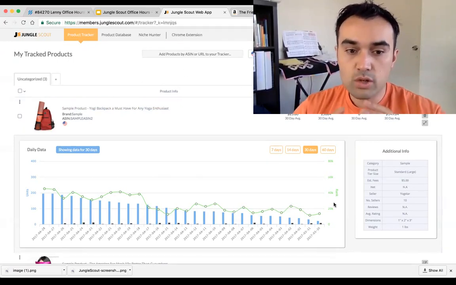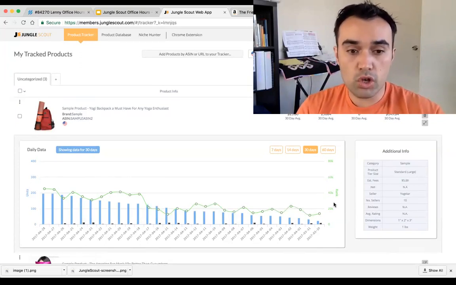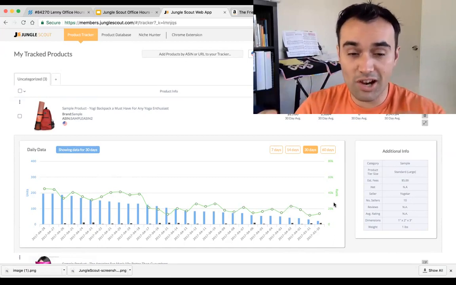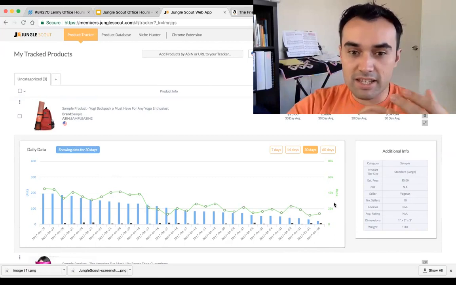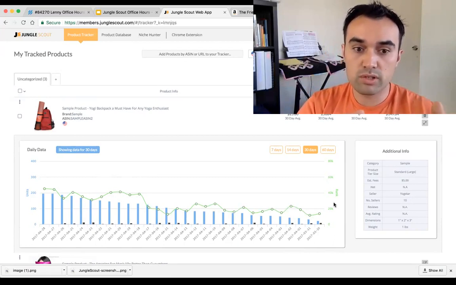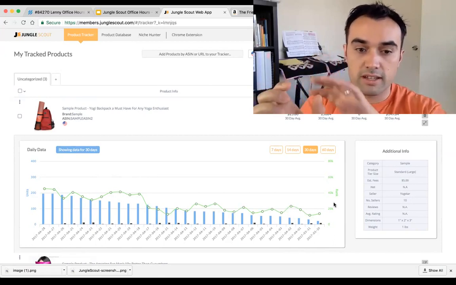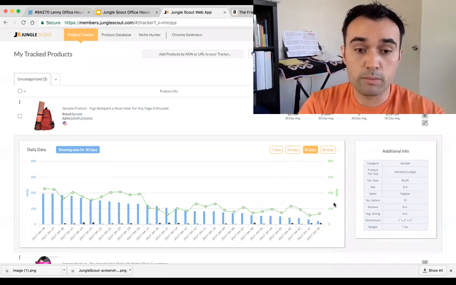And yes, the way that we come up with the sales estimates, I don't know all the technical terms. I can't explain the data scientist's job because he's a much smarter person than me. But there's a lot of techniques that the data scientists use. Part of that is by using real sales from real products to help reverse engineer and go, okay, at this bestseller rank, this is approximately how many sales that product would be getting.